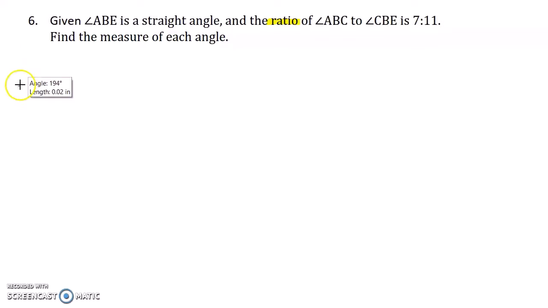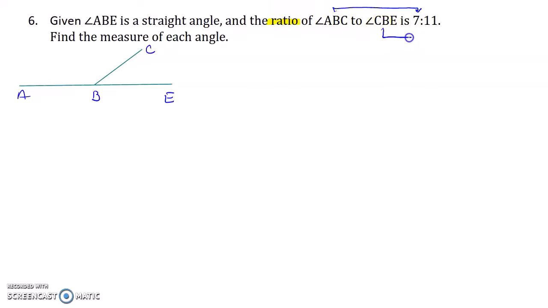So if I do this using a diagram, I'm going to draw out my straight angle. And remember, in this section, we learned that you can't trust the diagram in terms of relative size, but we can assume a straight angle. So if ABC and CBE is in the ratio of 7 to 11, that means ABC is 7, CBE is 11.